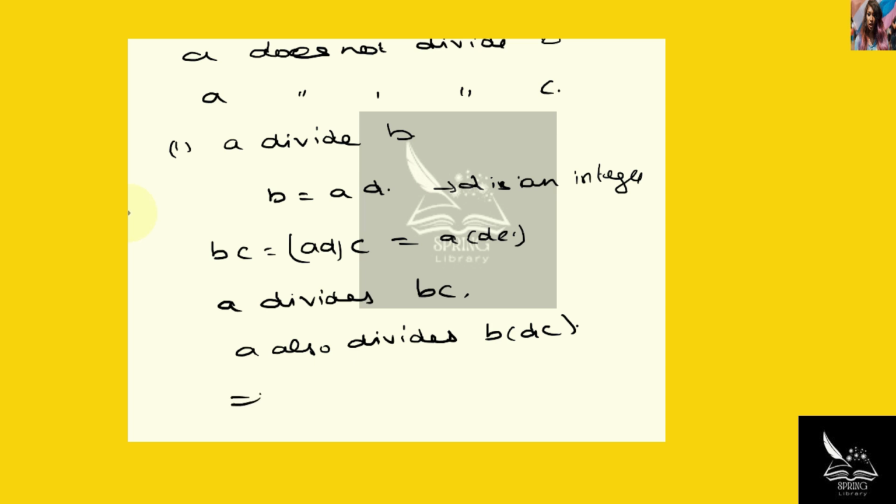This means that A divides C. So this contradicts our assumption. Therefore, A does not divide C.